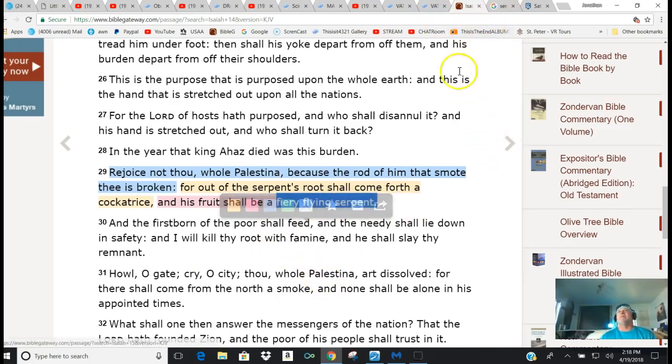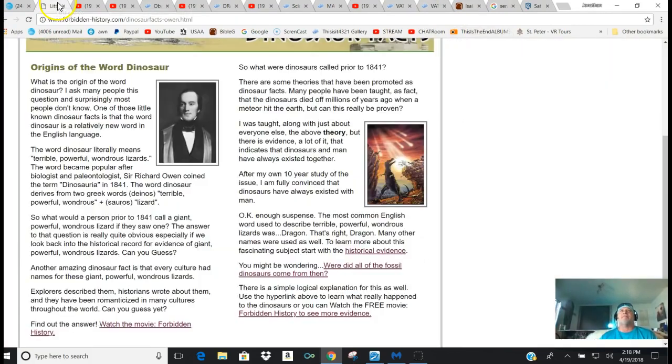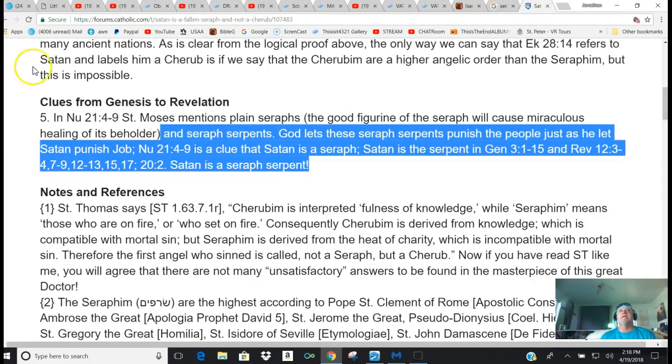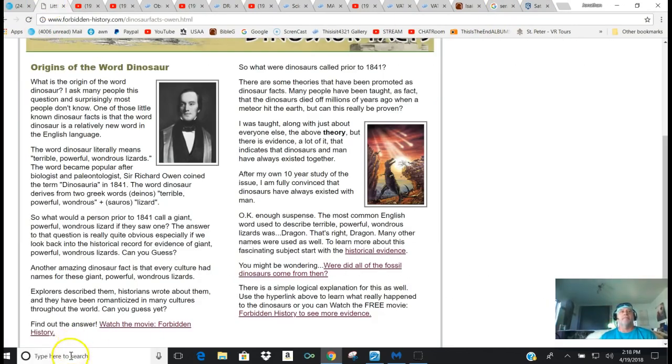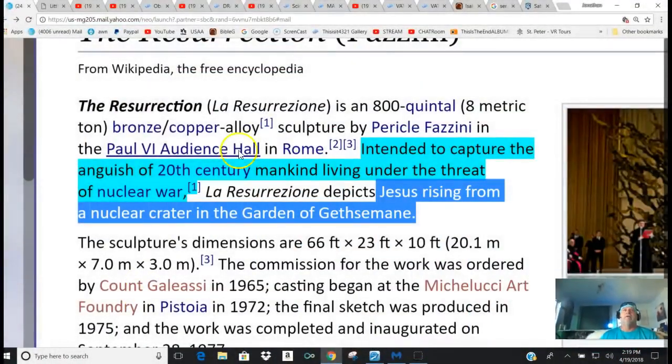Let me show you something really odd about that thing we just looked at. Okay, so remember this sculpture that's a giant reptile coming out of the pit with wings. It's called the resurrection, huh?